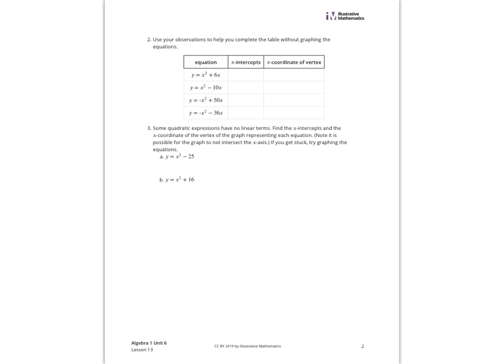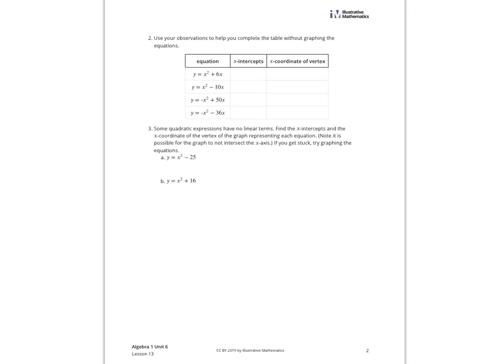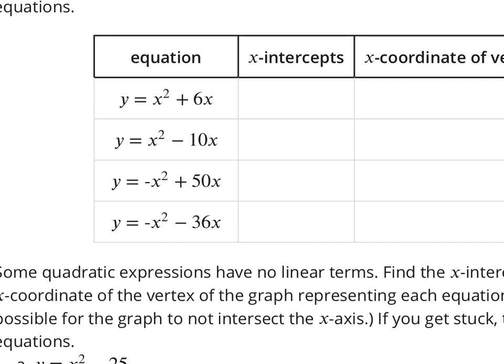All right, so for the next question, it asked us to complete the table using our previous observations. So if you think about when we added a positive linear term to a quadratic term, our graph shifted down and to the left. So therefore, if my x-intercepts were 0, 0 when it was just x squared, my x-intercepts are now going to be 0, 0 and negative 6, 0.